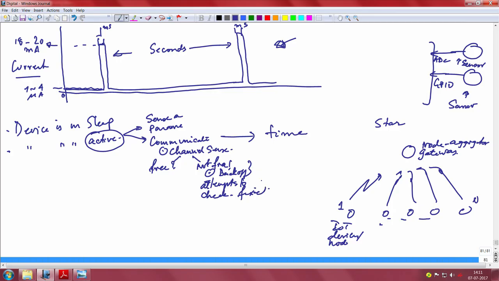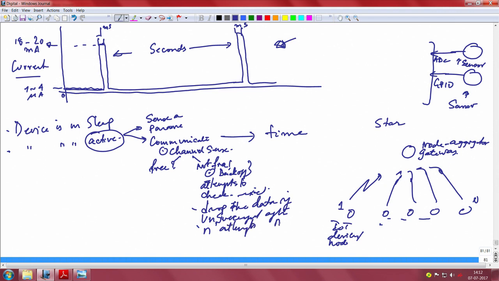So, essentially it will check a number of times whether the medium is free, and after that it can even drop the packet, drop the sensed value, drop the data if unsuccessful after some n attempts.